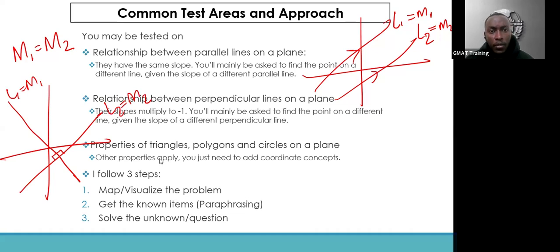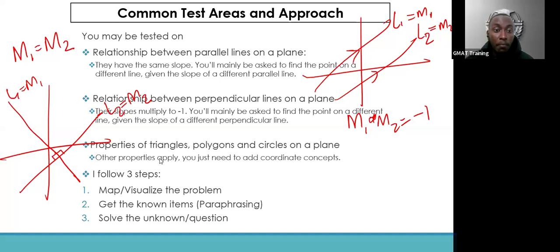If you multiply the slopes together, you'll have -1. So what do I mean? M1 times M2 should be -1. You'll also mainly be asked to find a point on a line given the slope of a perpendicular line. So what are the 3 steps I follow myself?